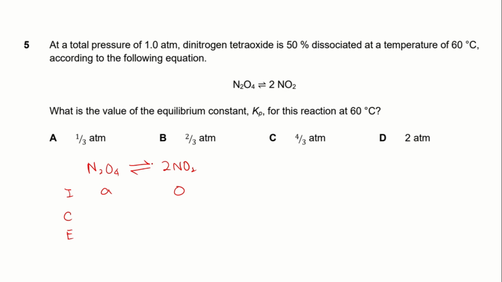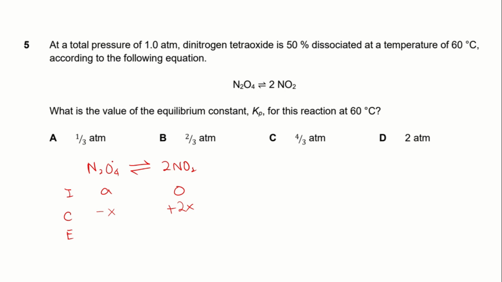Now, if you look at the stoichiometry of this equation, 1 mole of N2O4 will form 2 moles of NO2. If minus X moles of N2O4 react in this equilibrium, then I'll have plus 2X of NO2. Just follow this stoichiometry.